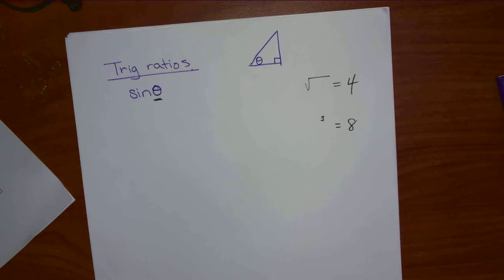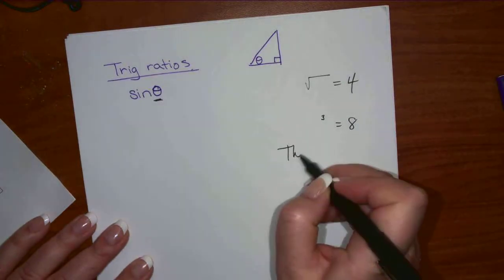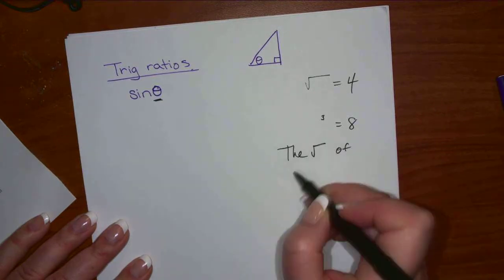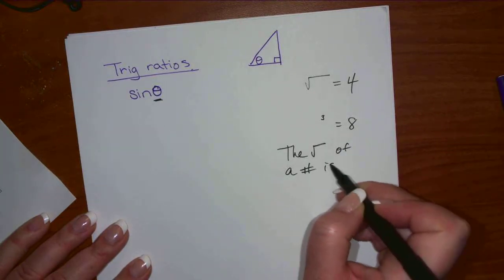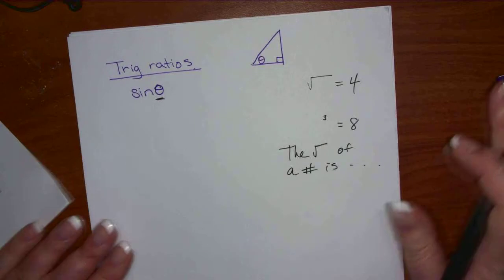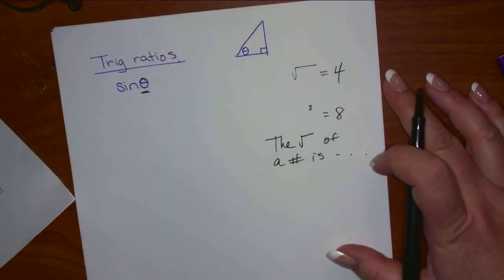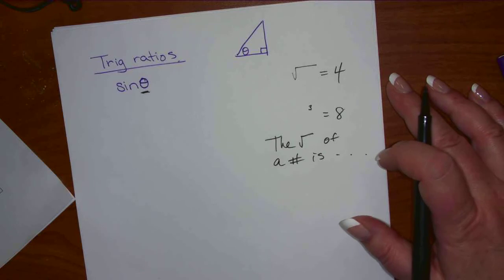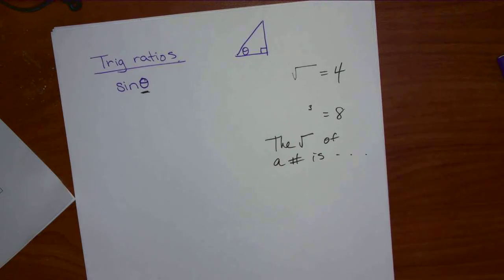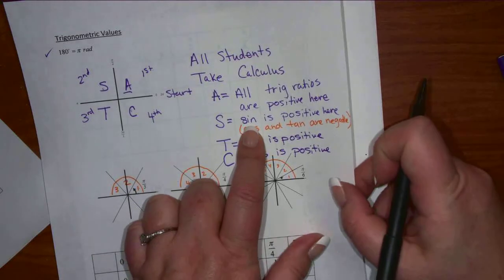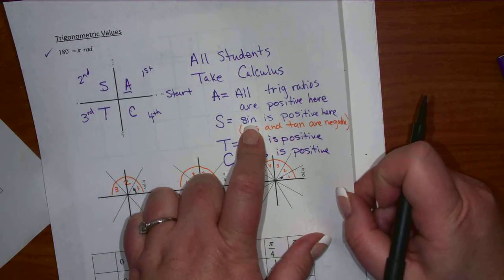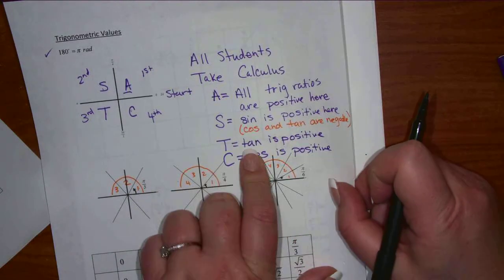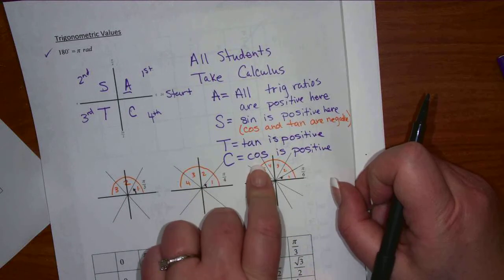Or else you're writing the square root of a number is, right? If I did that, that would be okay as sort of an abbreviation for a sentence, instead of writing the word square root. So putting a sine, which I did on the last page, without an argument was because I was using it in a sentence. Sine is positive here, tan is positive here, and cos is positive here.